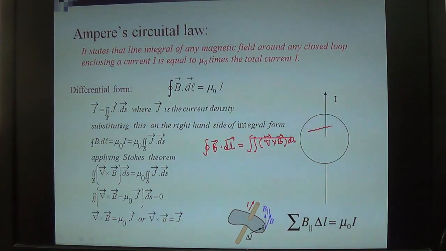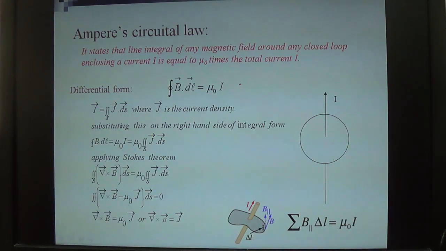Here you can see this is the open surface and the closed path is this one. At every point the magnetic field is tangential, parallel to the vector dl.